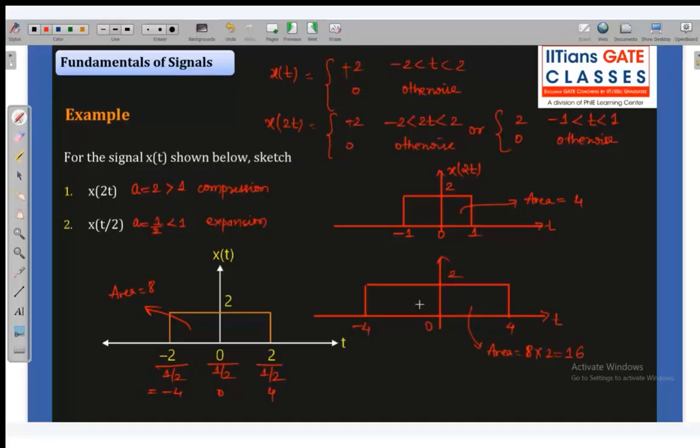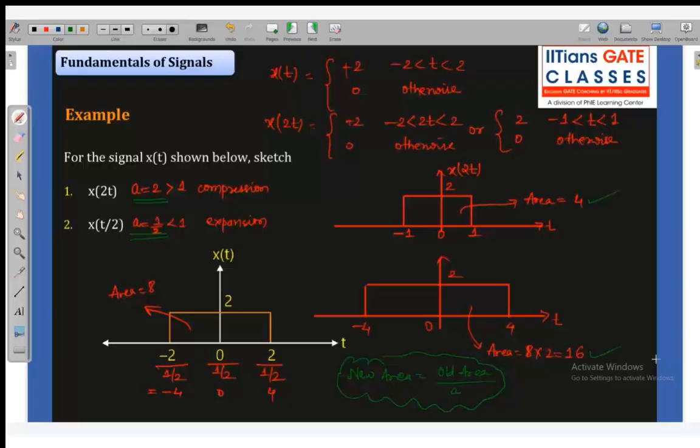Understood? So what is the conclusion here? The new area is the old area divided by the factor a. In the first case the factor was 2, the old area was 8, so 8 divided by 2 becomes 4. And when the factor was 1 by 2, 8 divided by 1 by 2 becomes 16.